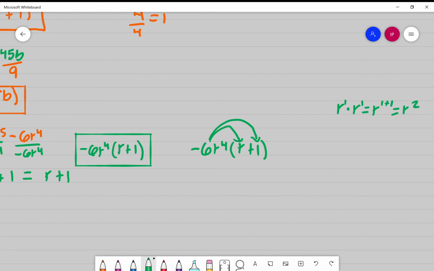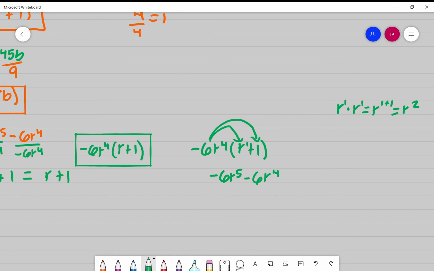So in our example over here, we have r to the 1st times negative 6r to the 4th. R to the 4th plus 1 is r to the 5th. So we have negative 6r to the 5th, and then negative 6r to the 4th times 1 is just negative 6r to the 4th.